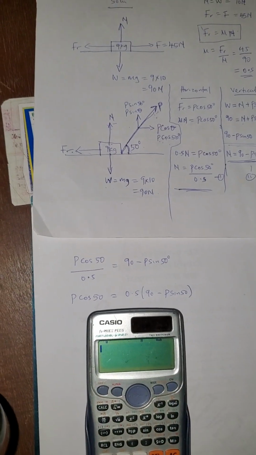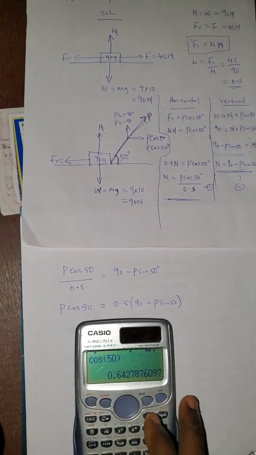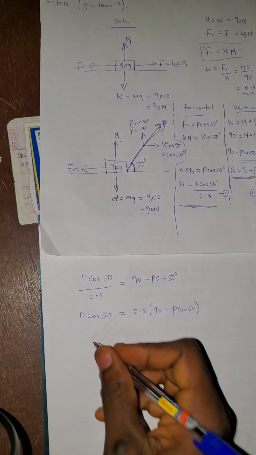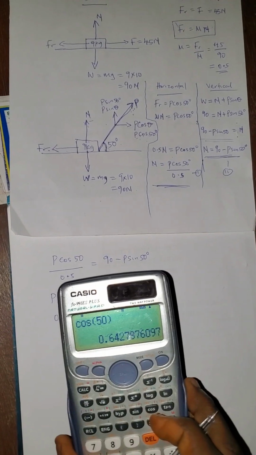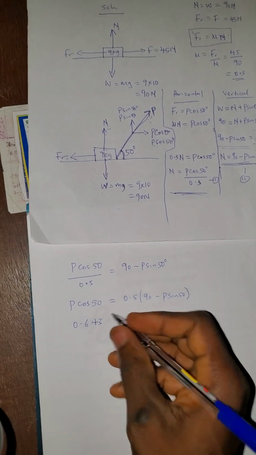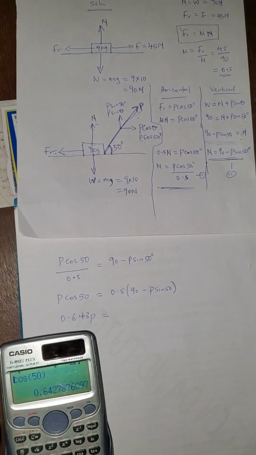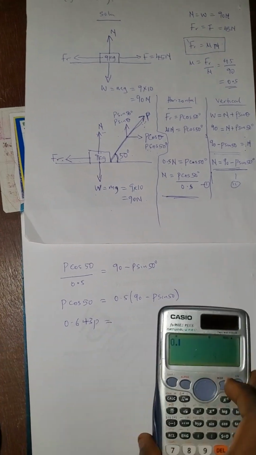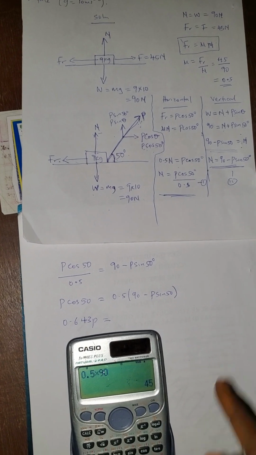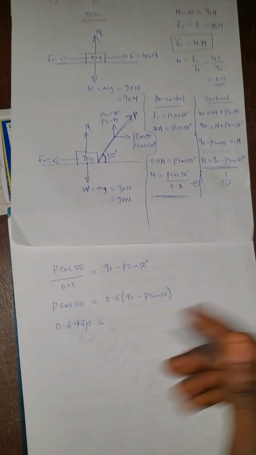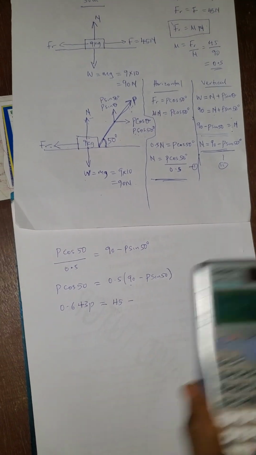What's cos 50? Cos 50 is 0.643. Let's approximate to 0.643. So 0.643P will now be equal to, let's use 0.5 to multiply the bracket. 0.5 multiplied by 90 will be 45, minus 0.5 multiplied by the other one.